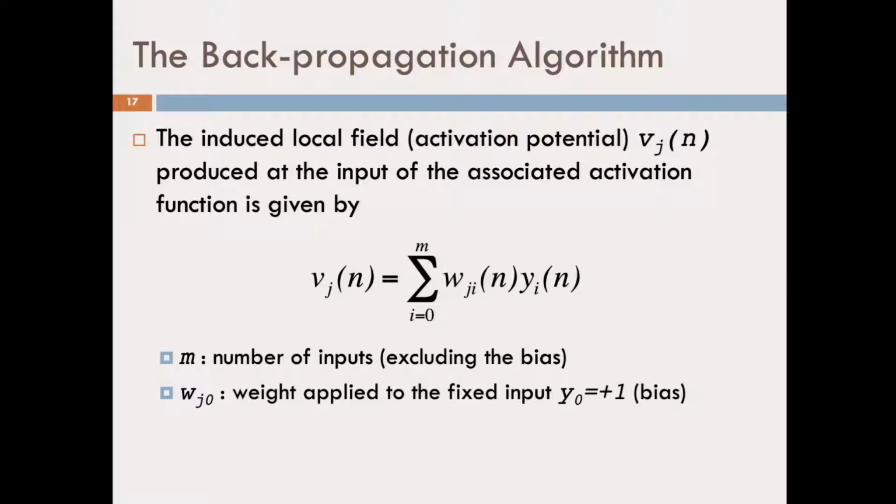We call this the activation potential of the neuron, produced using the inputs associated with a given activation function. Here, n is the number of inputs, excluding the bias. And Wj0 is the weight applied to a fixed input of plus 1, that's the bias.